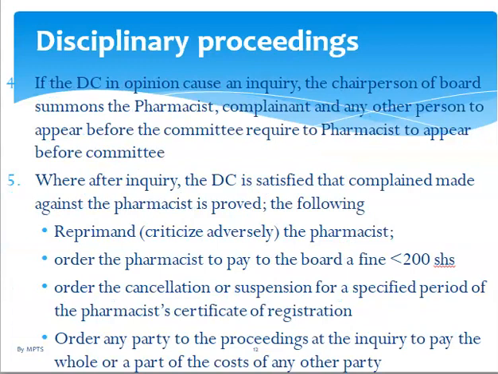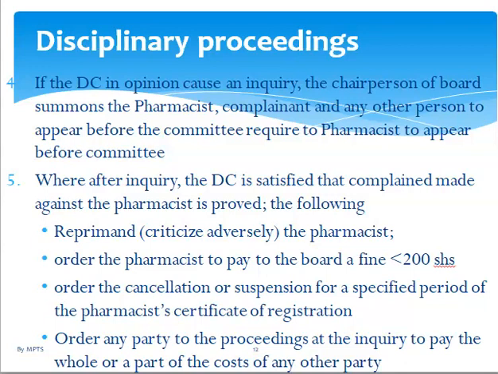And of course, in an inquiry, the chairperson of the board summons the pharmacist, the complainant and another person to furnish it with information. And if the disciplinary committee is satisfied that the complaint made against the pharmacist is proved, the following may be prescribed. We have a reprimand, where you criticize the pharmacist adversely. Or order the pharmacist to pay the board a fine of less than 200 shillings.